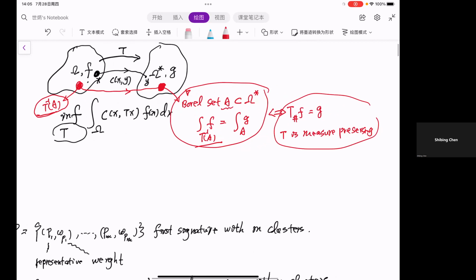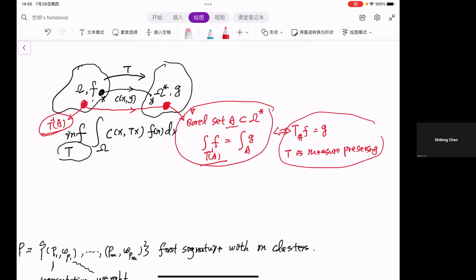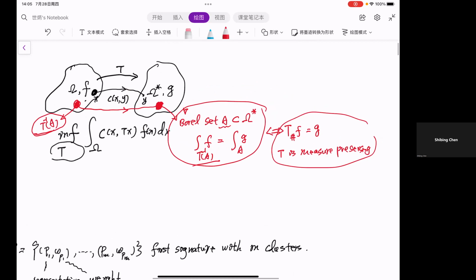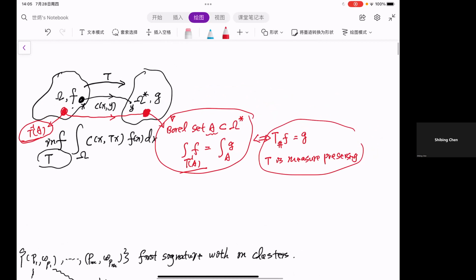Also, from here, let me choose a special A contained in omega star. If A equals omega star, then it is quite easy to see that T inverse of A is the entire domain omega. Then a natural condition appears: the integral of F over omega should equal the integral of G over omega star.